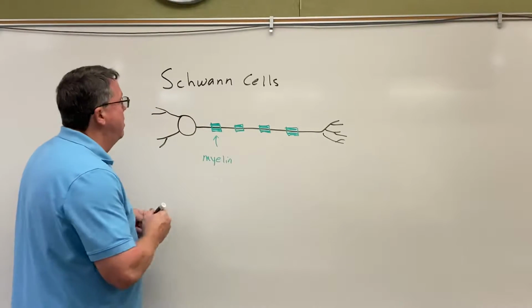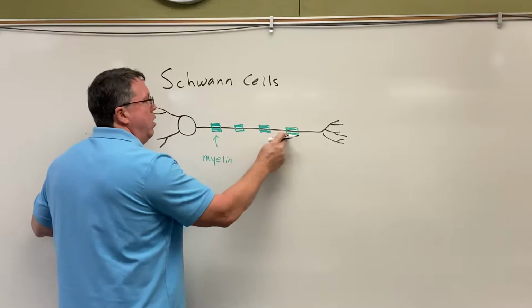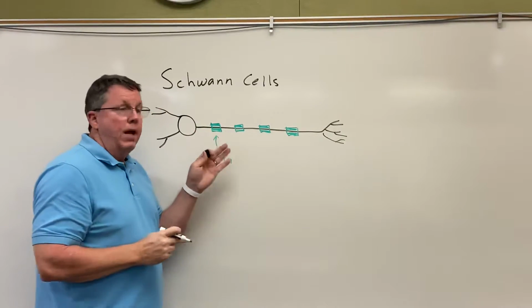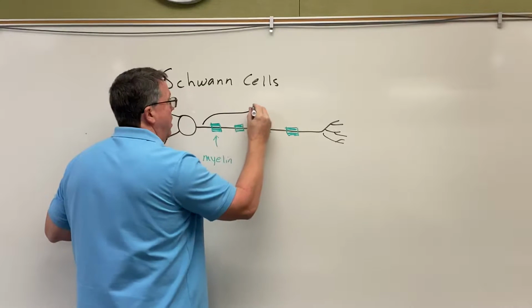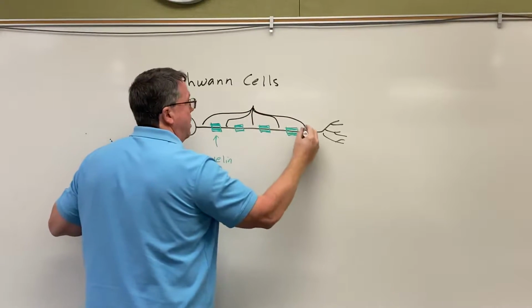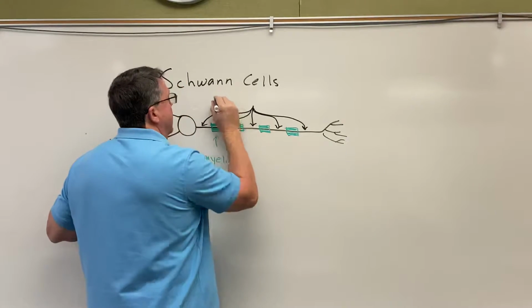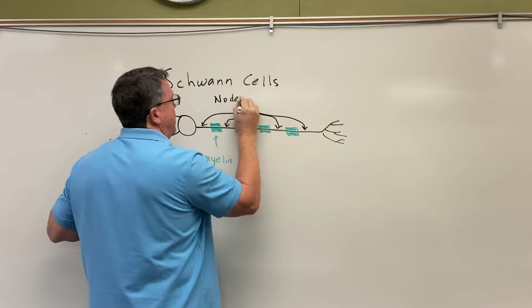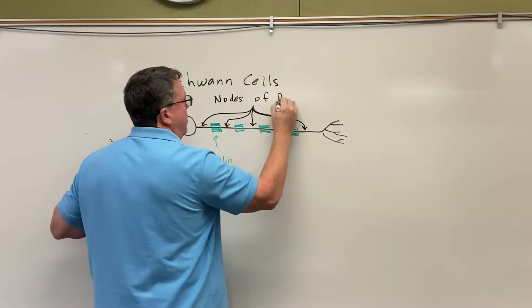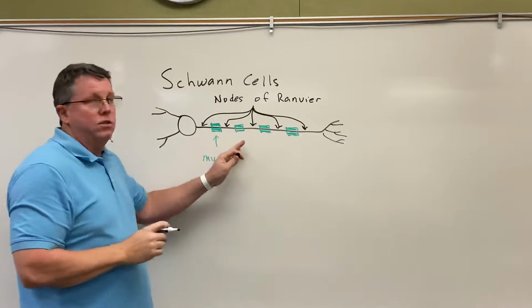So now let's take a look, and if you notice between the myelin, we have openings here, and these openings are going to be called the nodes of Ranvier. Okay, so these are going to be my nodes of Ranvier. Okay? And that's those right there.